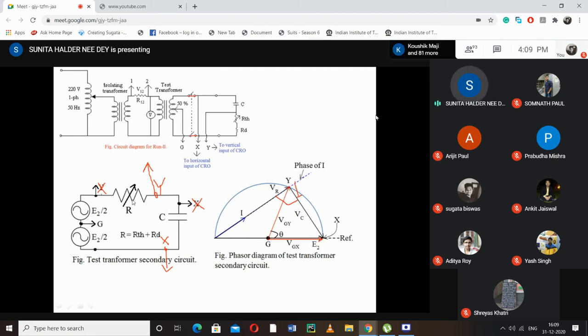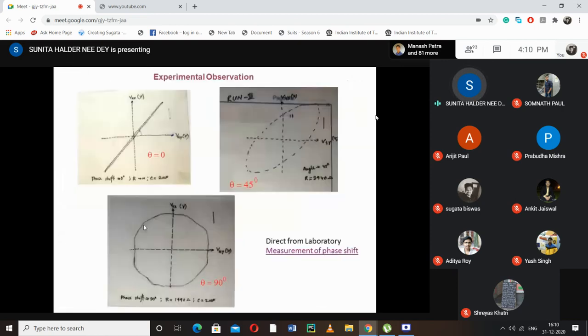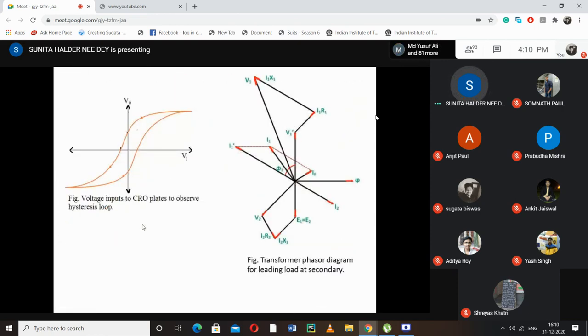So any component, VR, VC or some part of that, is proportional to E2 or proportional to phi. But they are not in the same phase with phi. We need a voltage exactly in the same phase with phi as well as proportional to phi. If you see the phasor diagram, this is phi, and all the induced EMFs are 90 degrees lagging from phi.